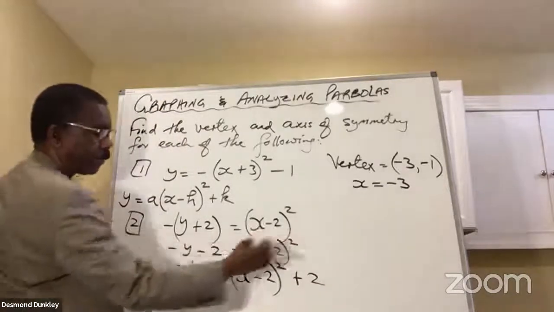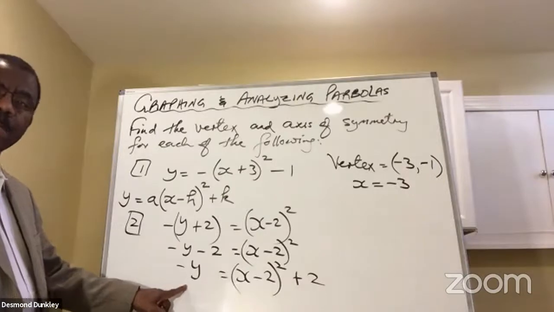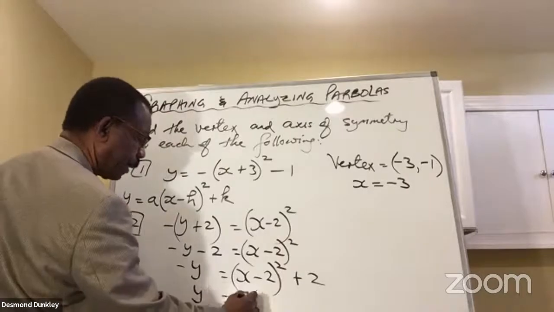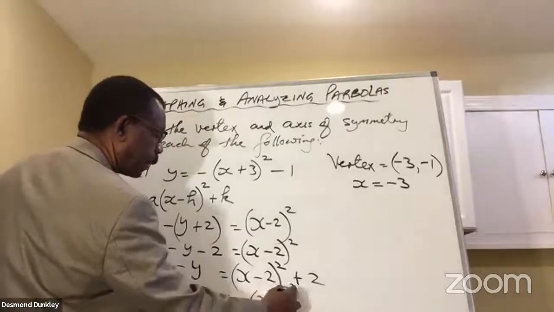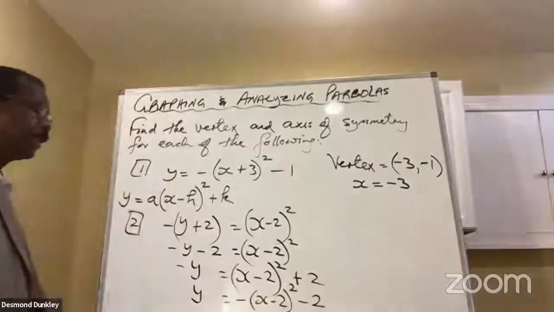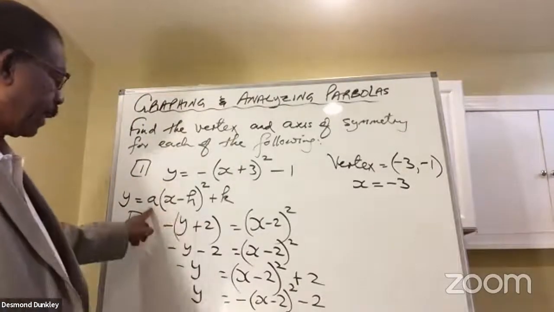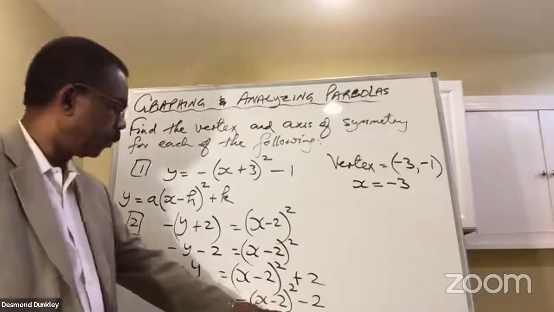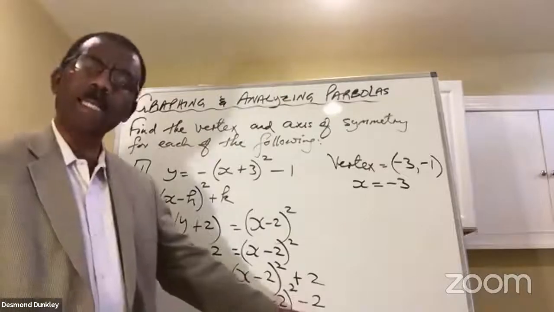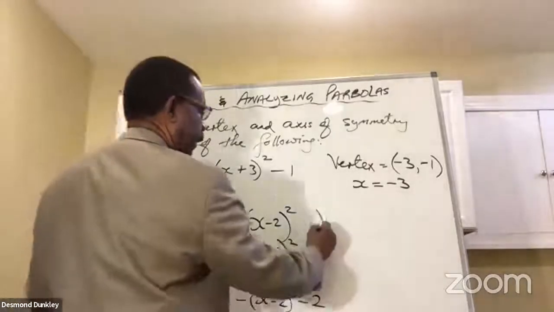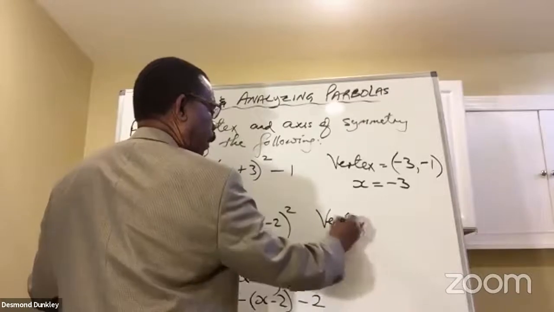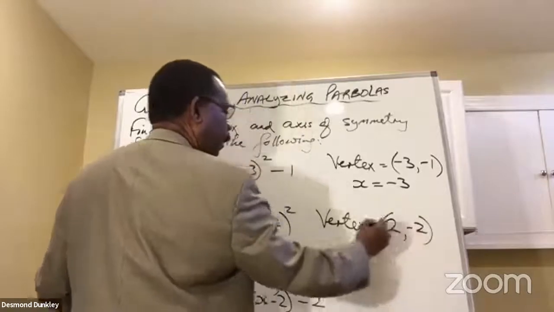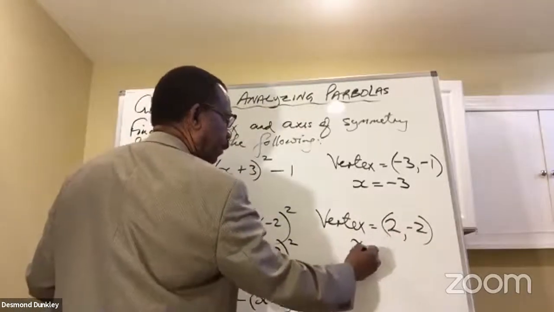And now one last step here: y is equal to negative (x minus 2) squared minus 2. So now we have it looking like this, where a is negative 1, h would have to be 2, and k would have to be negative 2. So your vertex is going to be (2, negative 2). And the axis of symmetry is x equal to 2.